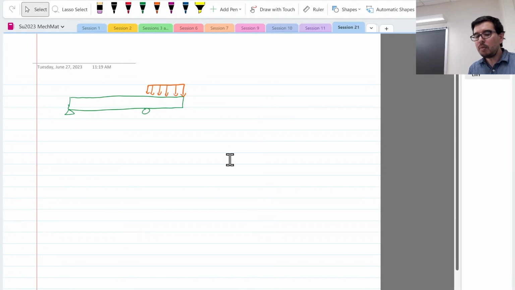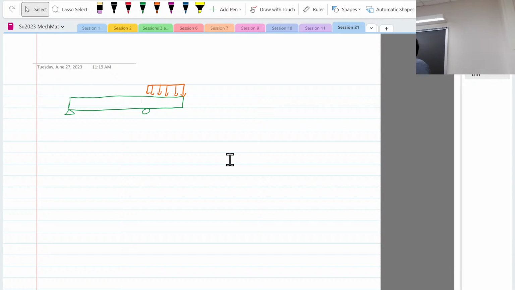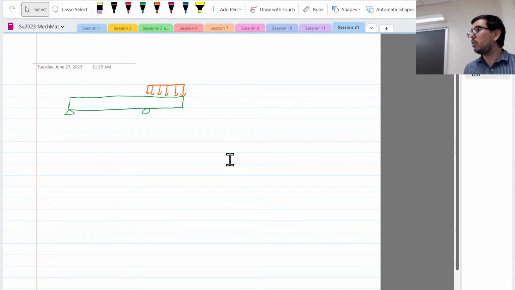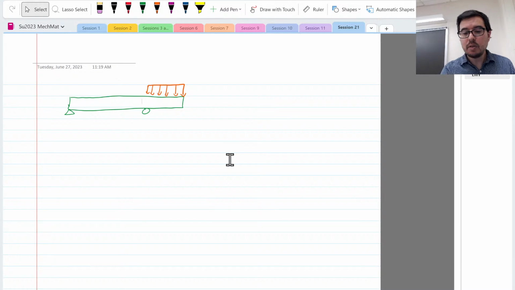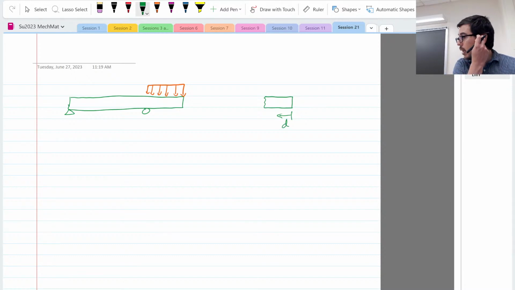This beam problem, you could have solved for the internal shear forces and bending moments using what you knew in statics, right? So that's fine, and the simplest technique there is to go ahead, take a slice, and in this case, define a parameter from the right side. Maybe we call it D, okay?